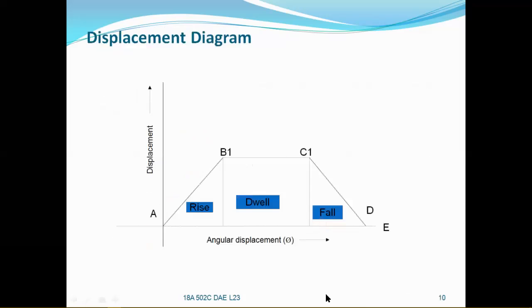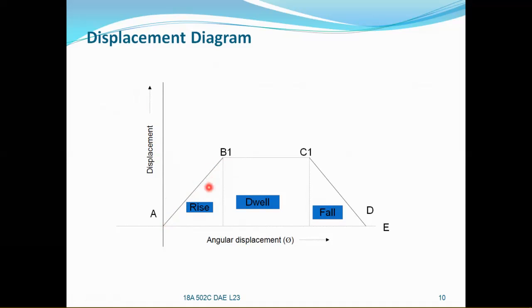So let us see this diagram. Here you can see the angular displacement on the x-axis in degrees or pi, and the displacement of the follower, that is the lift, stroke or throw of the follower, in centimeters. Now if the follower moves from the lowest position to the highest position, that is called rise or outward stroke, that is AB1.